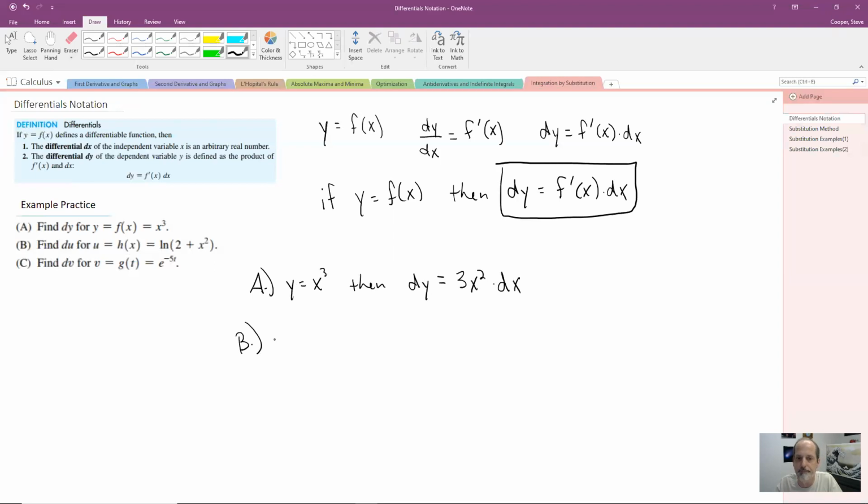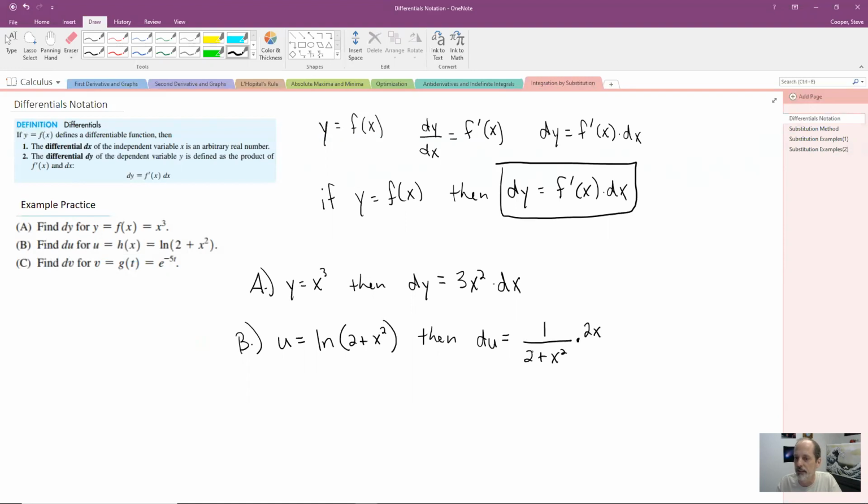If I've got u equals, and in function notation they're calling this h of x, but we're going to say u equals ln of 2 plus x squared. Then du equals 1 over 2 plus x squared times 2x.